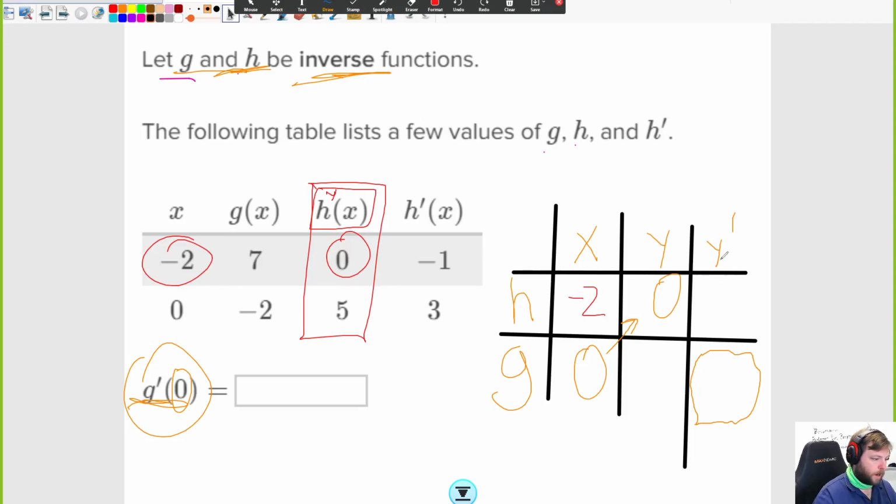Now, my derivative of h at -2 would go to this value right here. I want to do the reciprocal of -1, which happens in this case to also be -1. -1 over 1, you flip it, 1 over -1, which is the same thing. Weird, I know. Let's try this again with something else.